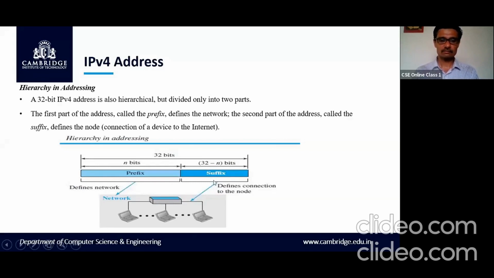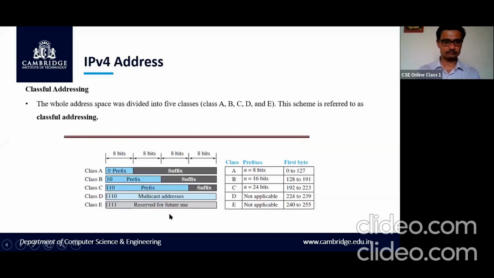That means 256 nodes can be connected to this router. That many will be there in the network, and the remaining 24 bits are for the prefix.